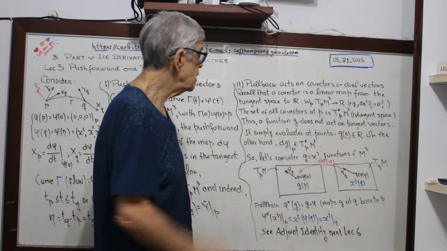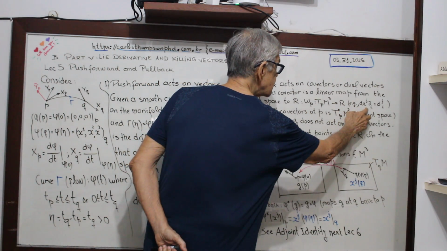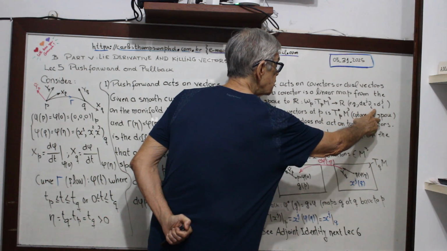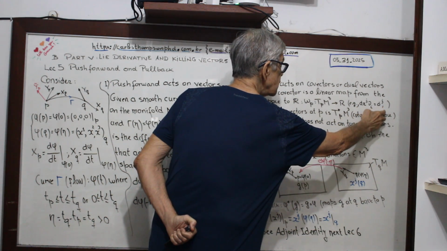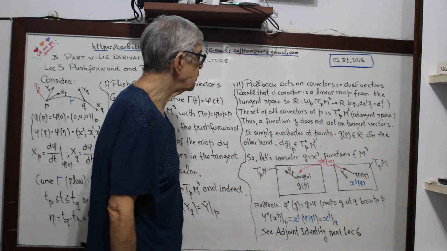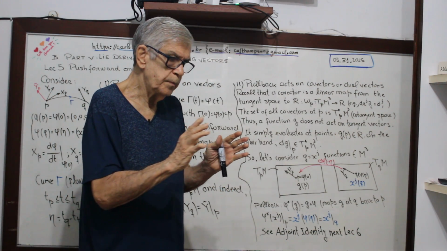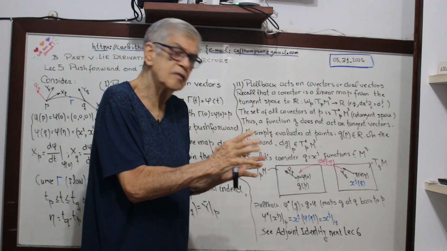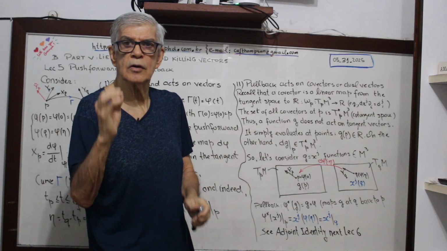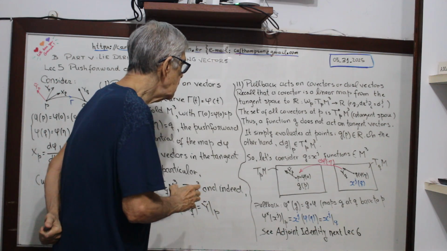That's an important consideration. Here I give an example: this covector acting on this vector space leads to the Kronecker delta, which is a real number. That's the definition of tensor in general.